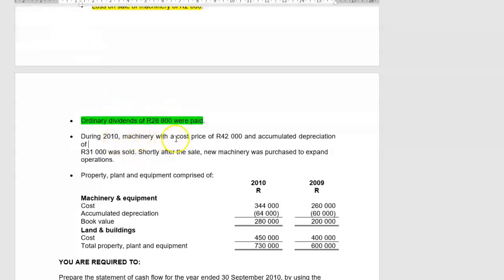During 2010, machinery with a cost price of 42,000 and an accumulated depreciation of 31,000 was sold. So what was the carrying value here? Carrying value then was 42,000 less 31,000 equals 11,000.